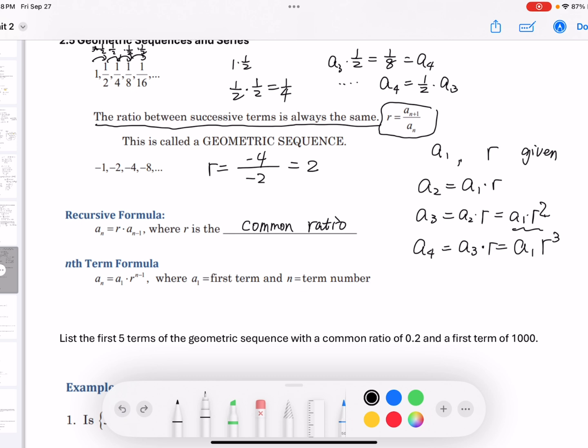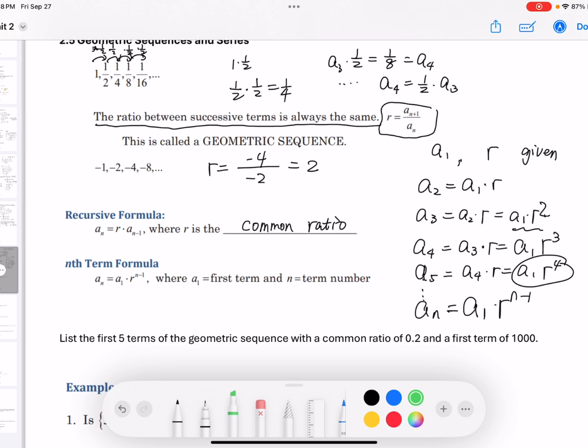And how about a sub 5? One more. A sub 5 is equal to a sub 4 times r, which is a sub 1 times r to the fourth. How about a sub n? If I'm using the pattern here, we're going to have a sub 1 multiplied by r to the n minus 1.